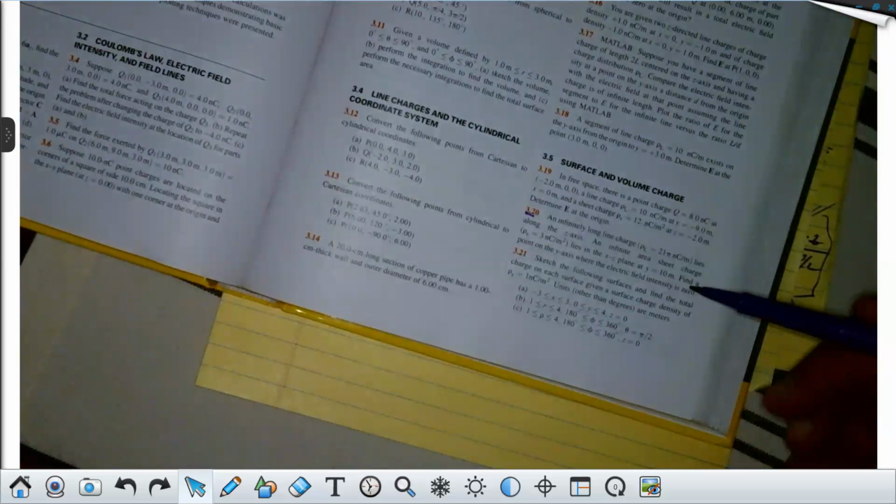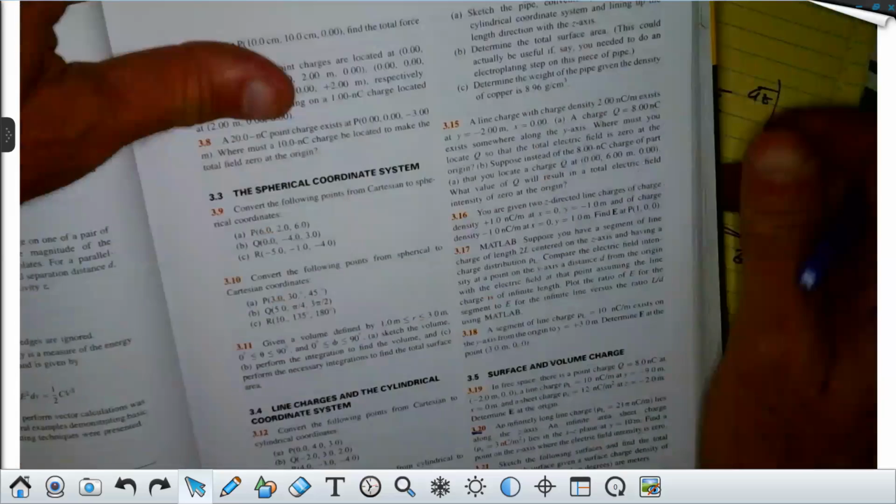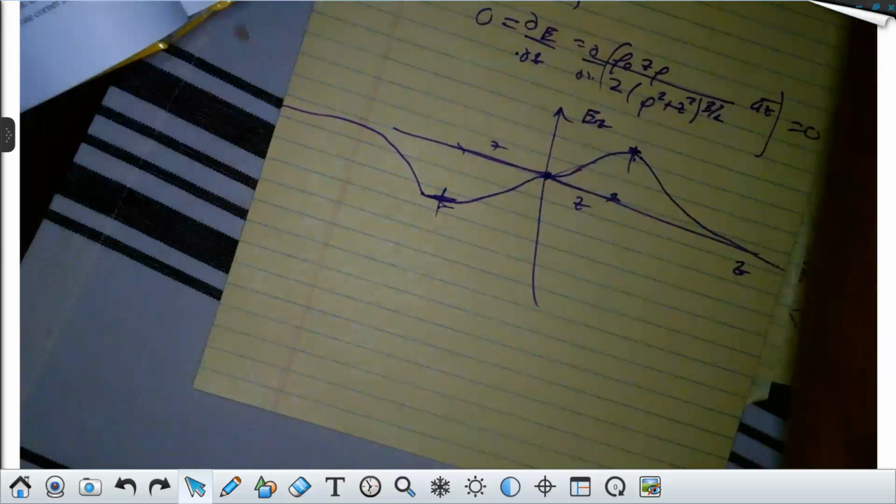You have to be able to draw this. Then you have a point on the y-axis, and they want to find the point on the y-axis where the electric field is 0. Let me just try to show you how I would go about it. This is problem 320. You can look at it in your book, and I'm going to try to show you how I would go about doing it.